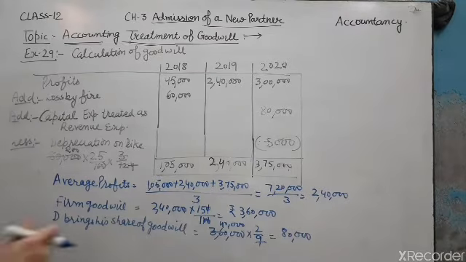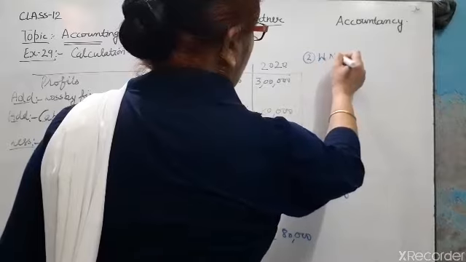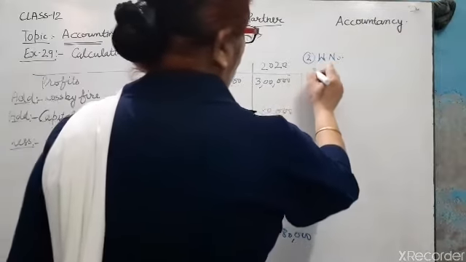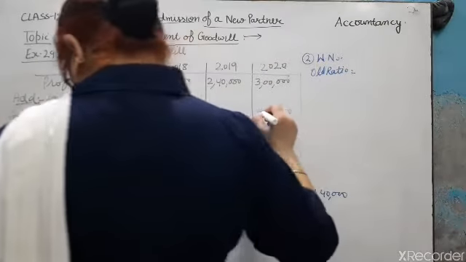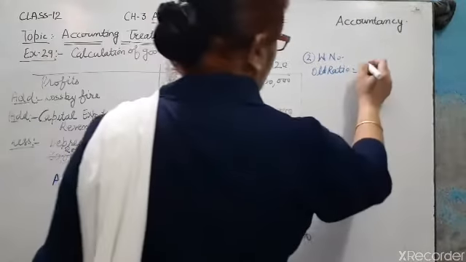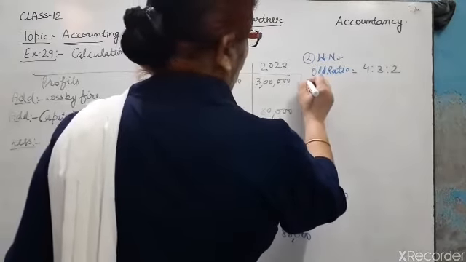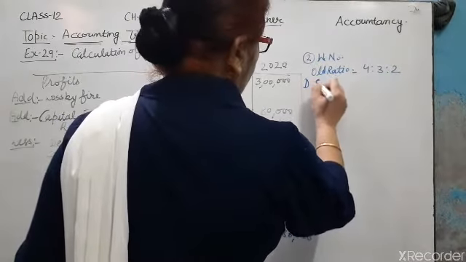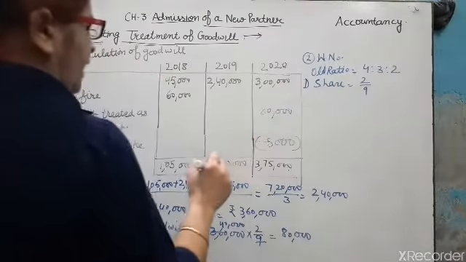And after that, in the second working note, we find out the sacrificing ratio. Old ratio of A, B, C is 4:3:2. And in this question, only the new partner's share is given, that is 2/9.